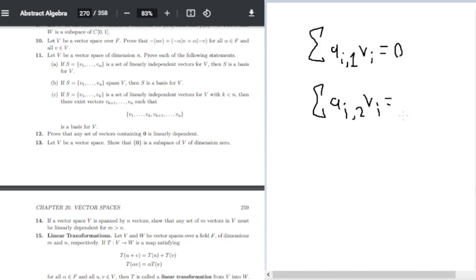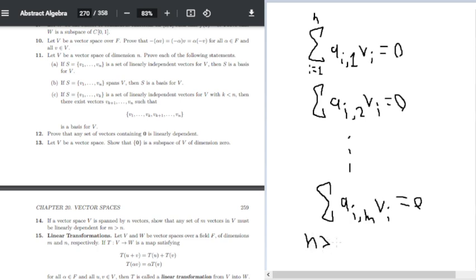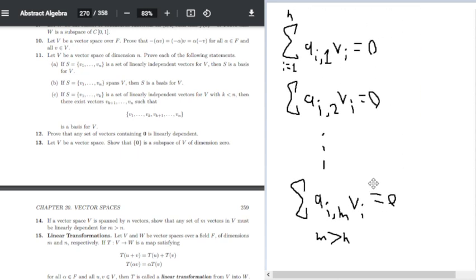First of all, suppose they're all equal to 0, and suppose we have the sum of a_im vi from i equals 1 to n is equal to 0 for m greater than n. So we want to show that this has a non-trivial solution in terms of the vi's.